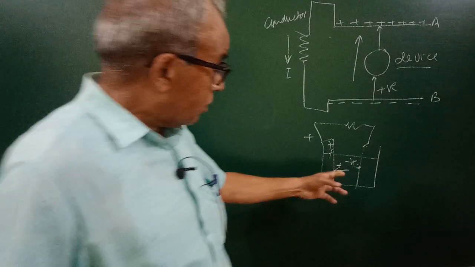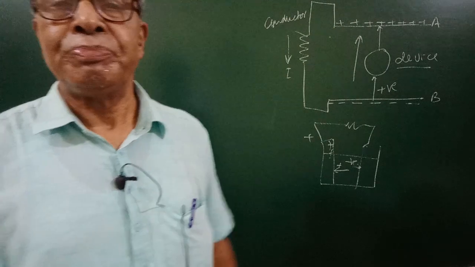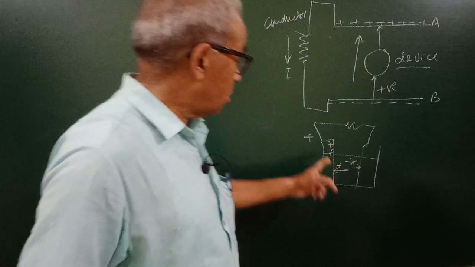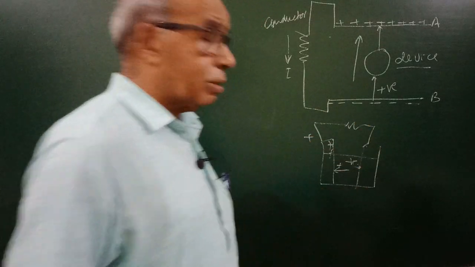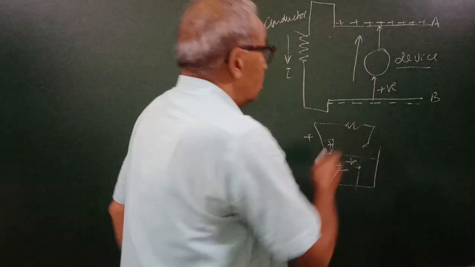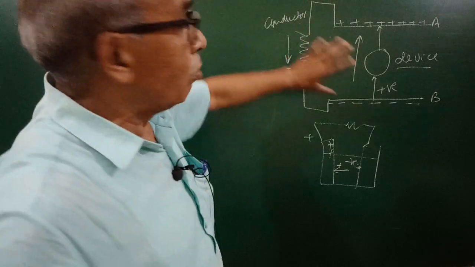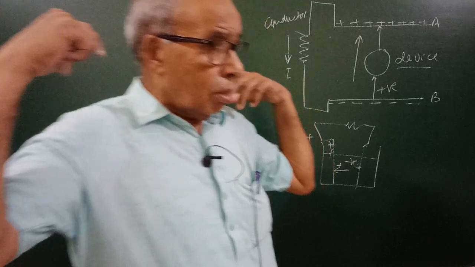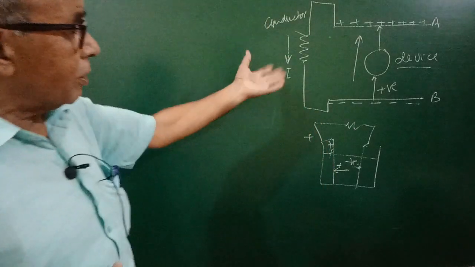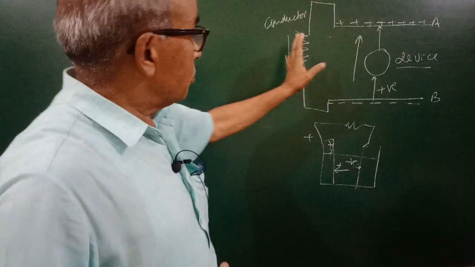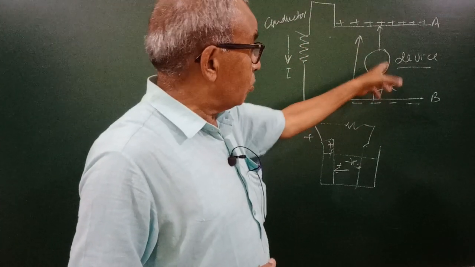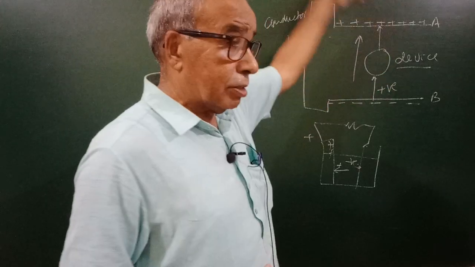This work done against repulsion per unit charge is electromotive force. Note that it is the amount of work done in circulating unit charge. Whatever work we obtain, our motor rotates, our bulb lights up, is energy given by this device to the circuit.